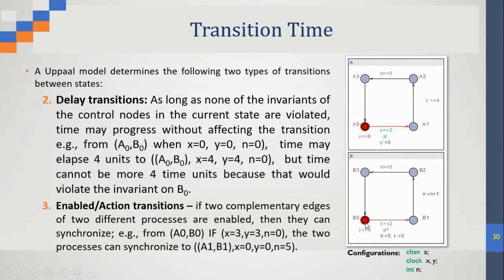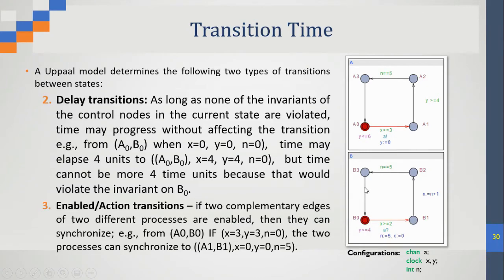If we stay, for example, 6 units of time, that means we violate the rule of this location, because here the invariant says we cannot stay more than 5 units of time. So this one will delay the time, and once we move to the second location, we will use the smallest one.